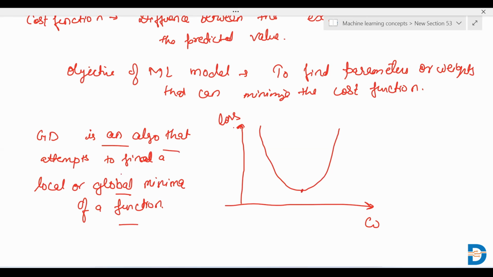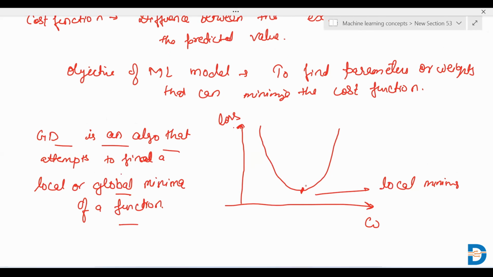So this is the local minima. This is the point where the loss or the cost function will be minimum. Gradient descent is that algorithm that finds this point, this local minima, for which the loss function is minimum.